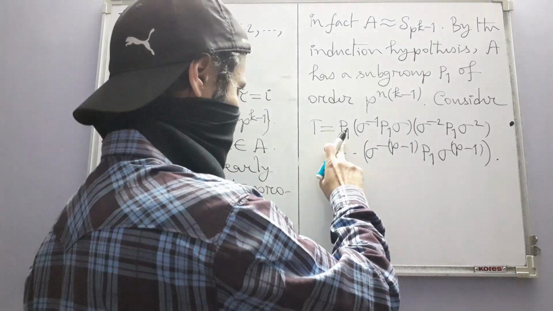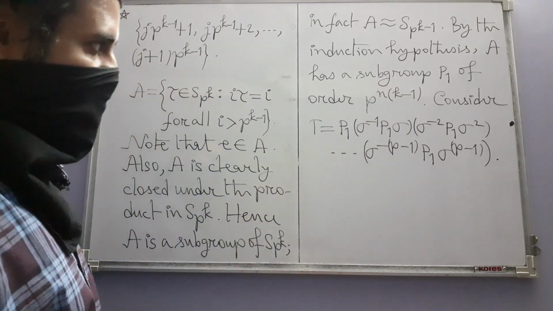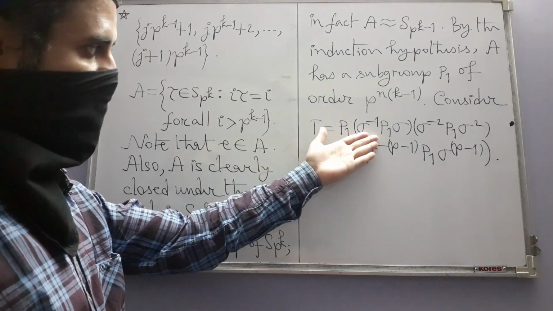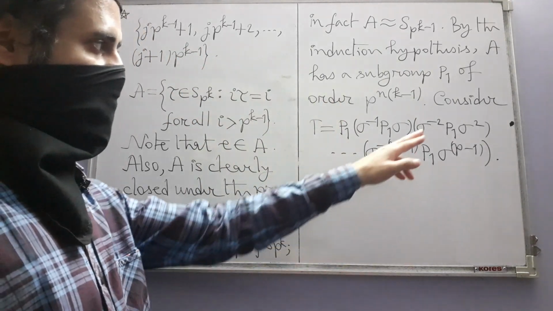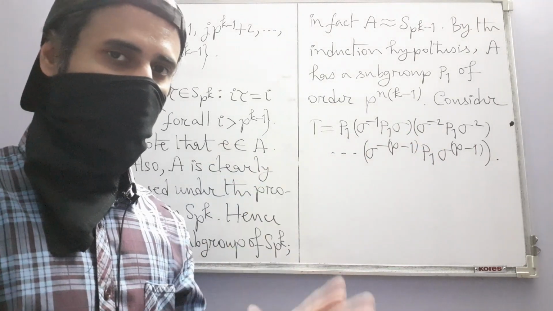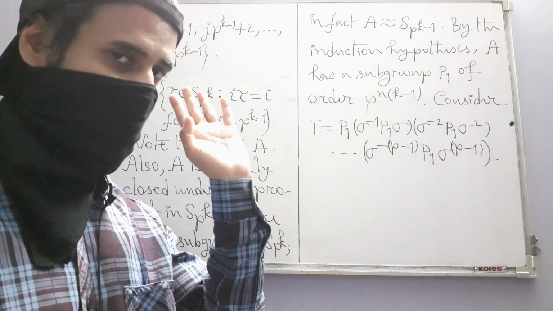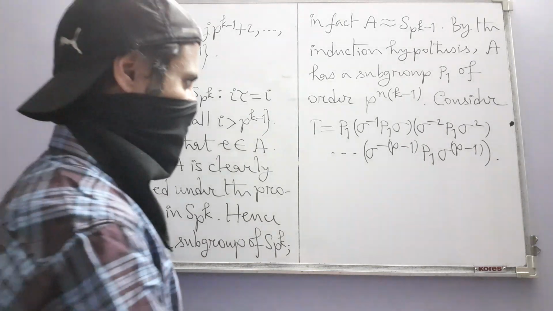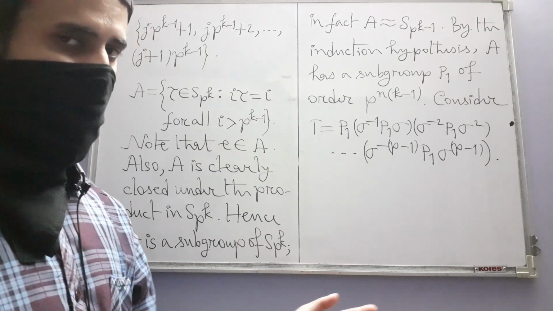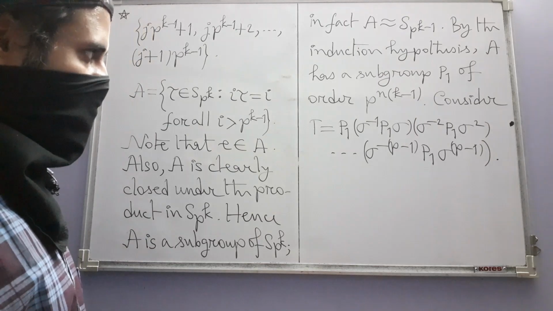The first one is P1, and this one, do you remember that this is the conjugate of a subgroup by some group element, which in one previous exercise we proved that this is also a group. Similarly, this is also a group, and not just that, these groups, all of them have the same number of elements. That also we proved in that previous exercise. In general, this need not be finite for this to happen, but in our case it's finite. So they have the same number of elements.